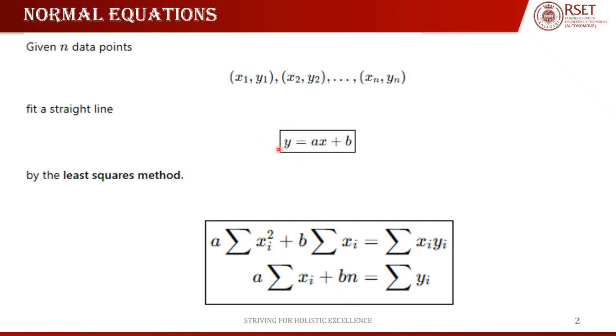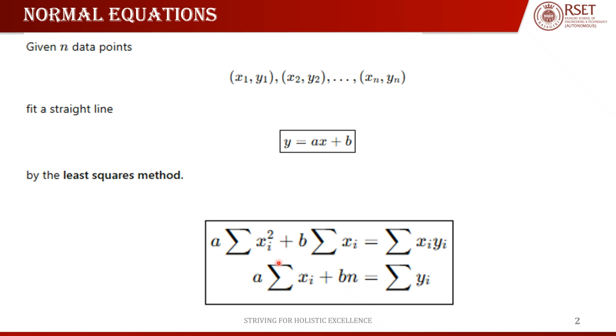So you have summation yi = a into summation xi + nb, since you have only a constant here. That is one of the normal equations.